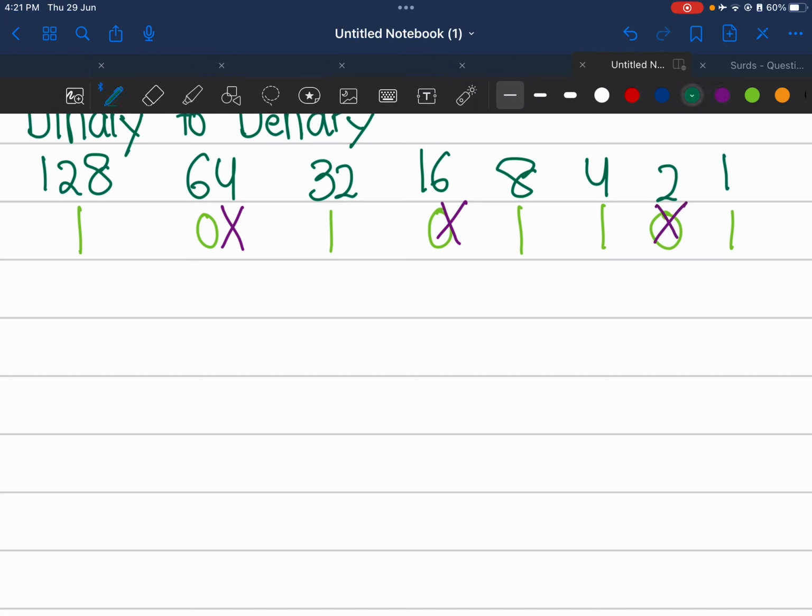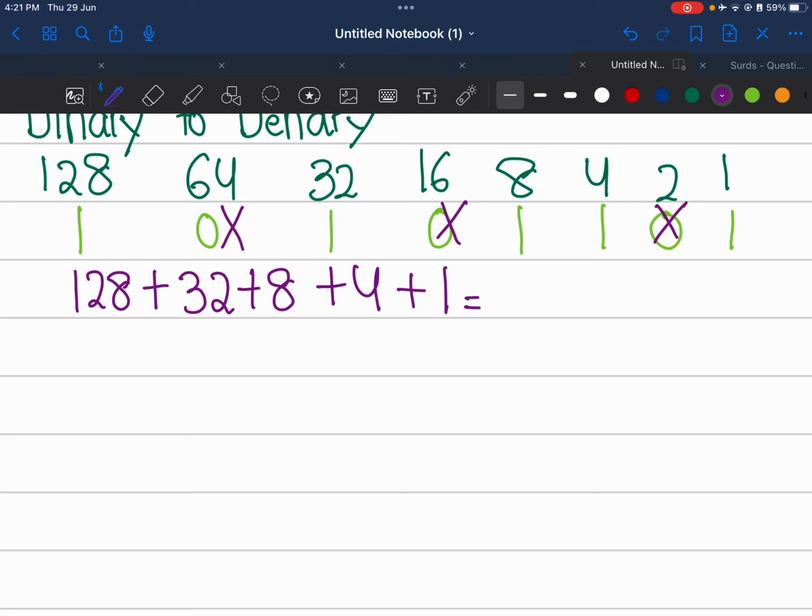You don't take the places that don't have a 1. So you have 128 with a 1, so you add up 128 plus 32 plus 8 plus 4 plus 1, which gives us 173.